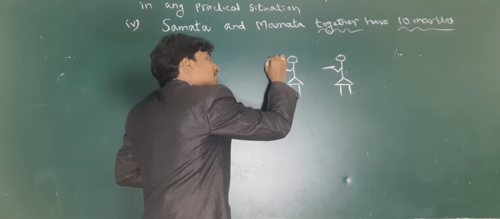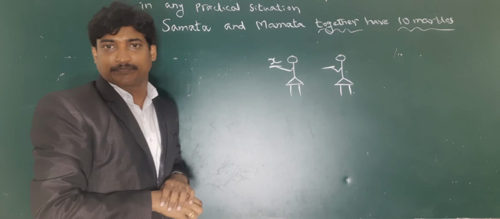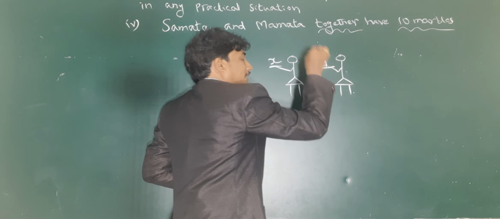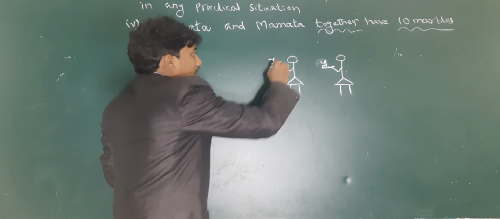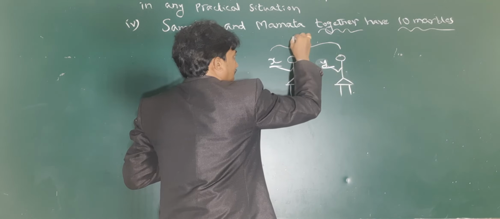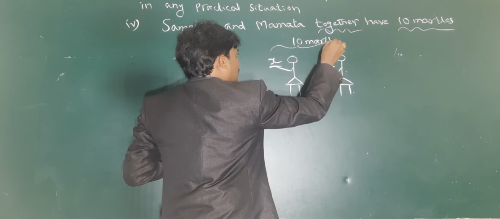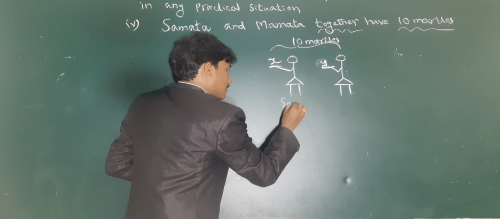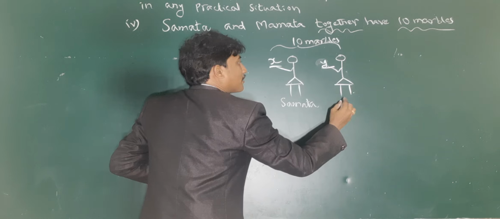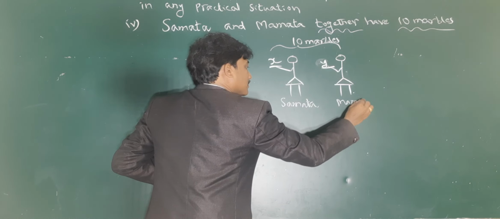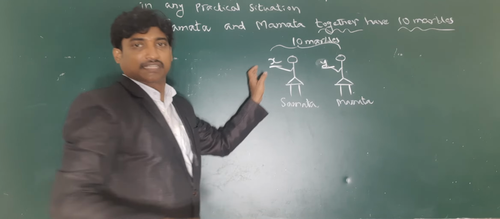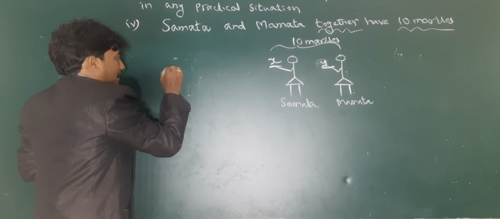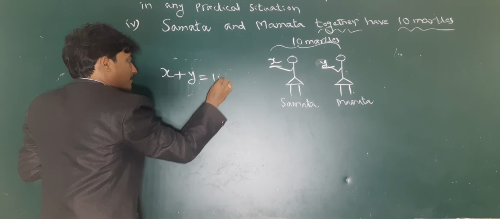Let me take the number of marbles in Samata's hand as x, and the number of marbles in Mamata's hand as y. Together they have 10 marbles. We expressed them as x and y; together x plus y is equal to 10.